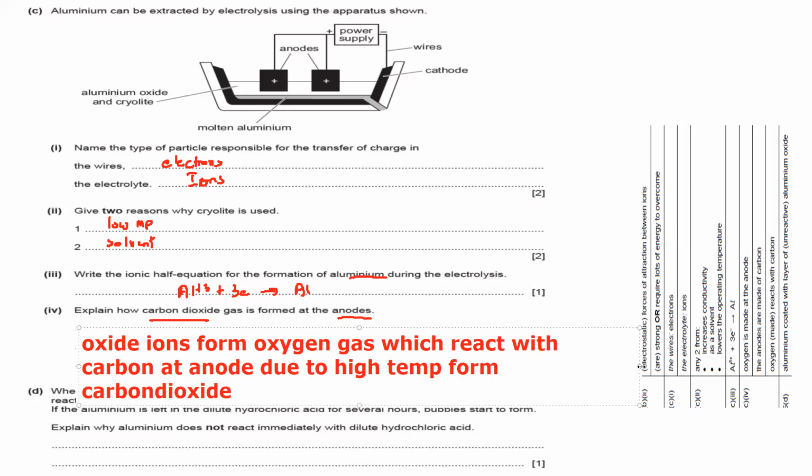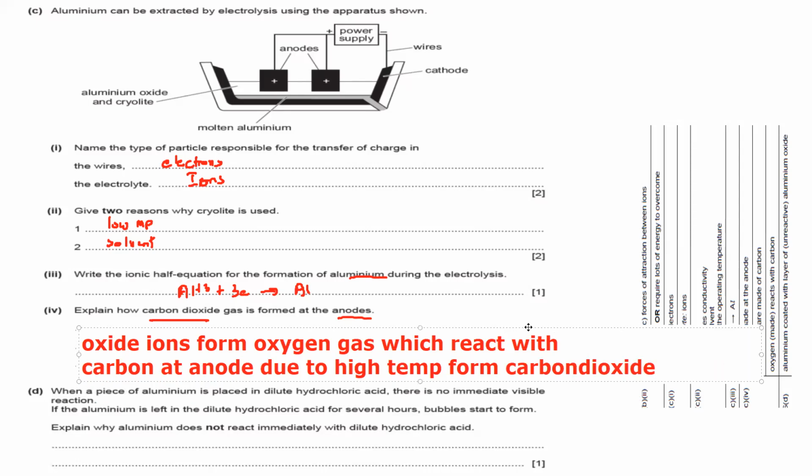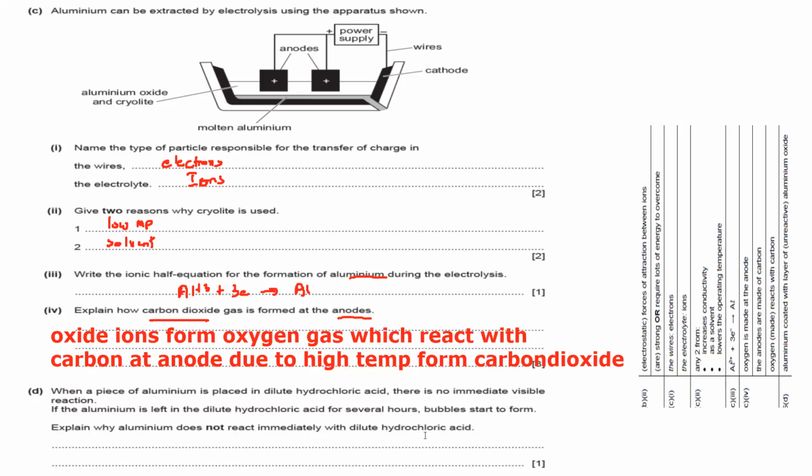So carbon dioxide gas is formed because the carbon reacts with oxygen due to the high temperature.